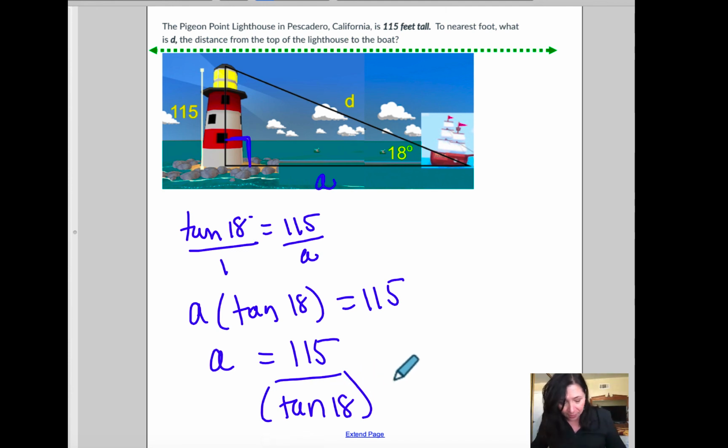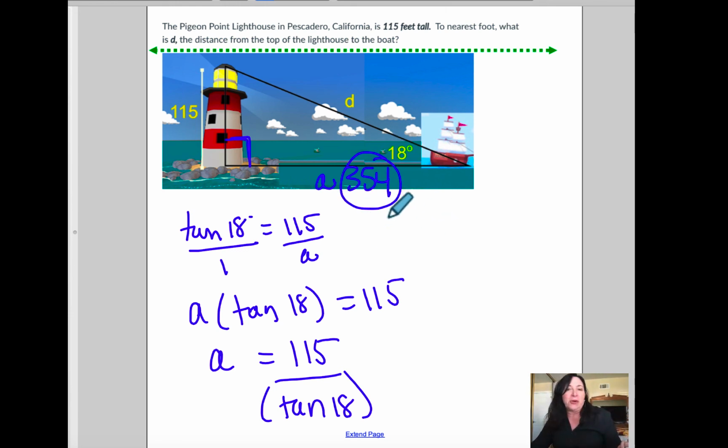So I'm going to go 115 divided by parentheses, tangent of 18, close the parentheses. I get about 354. It says to the nearest foot, so I'm going to round off. So this length is 354.